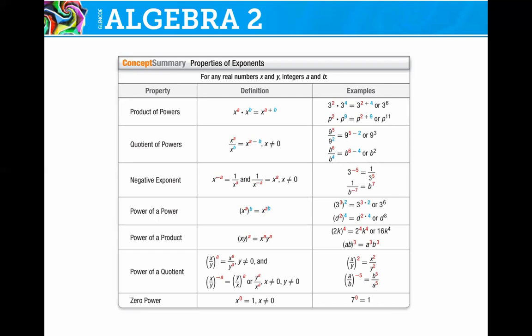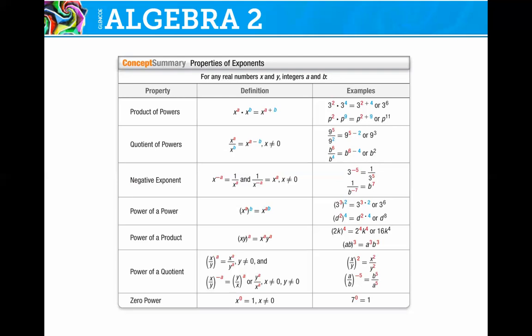So x to the power a multiplied by x to the power b is equal to x to the power a plus b. And he gives us an example. If we need to divide, we have equal bases, so we subtract the powers. If we have a negative power, we inverse, or flip, the number. Like if we have x to the power negative a, it equals 1 over x to the power a.